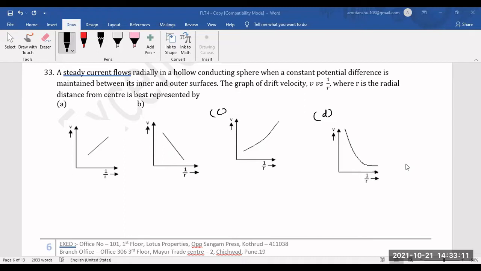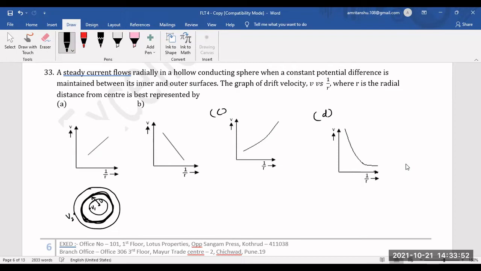So question number 33. Let's assume a sphere of some inner radius R1 and outer radius R2. Here is some potential, let's assume V1, and here's some potential V2. And at a distance r, consider a small length over here.